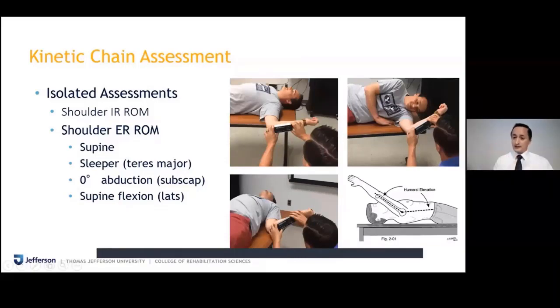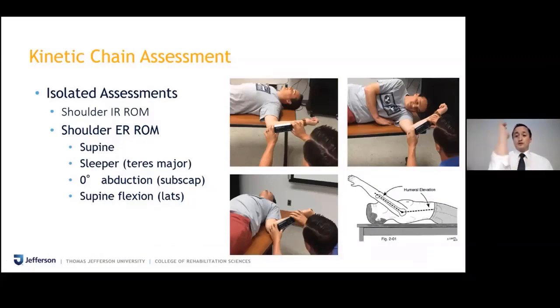If external rotation is less in this position than the supine position, as you see here, I would say that is teres major tightness, because the teres major is a posterior muscle that comes around the front and connects anterior. So if you go into cross-body adduction, you're putting the teres major under more tension, and if it is already tight, it's going to limit how much you can rotate into external.